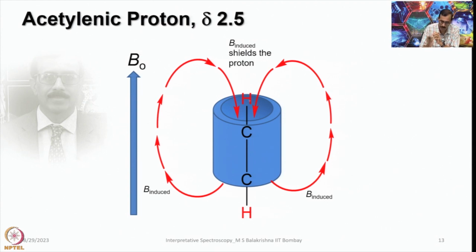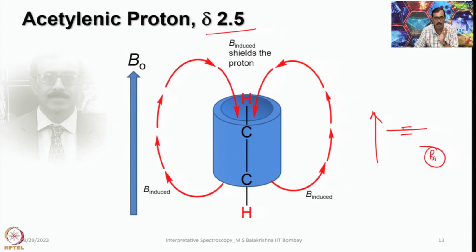We see the net shielding in case of acetylenic proton, and hence the chemical shift appears in the region of 2.5 ppm. And then if you consider the perpendicular orientation, there is no significant contribution from the induced field developed here, so it can be ignored. Okay, only the parallel one is what matters here.